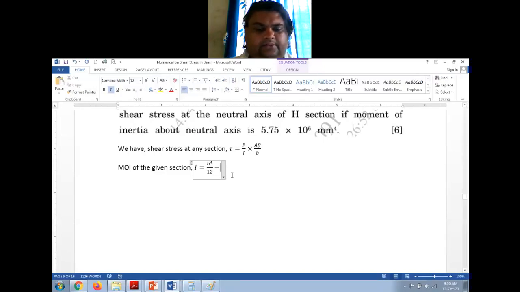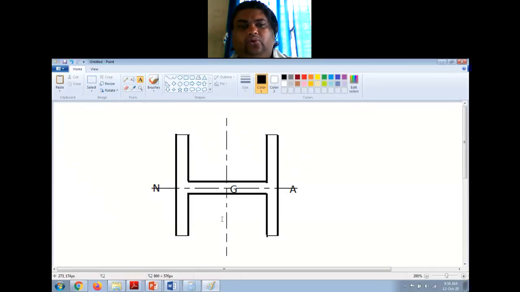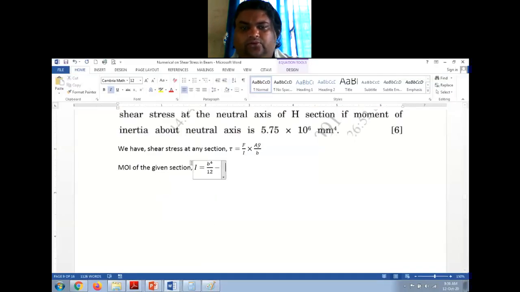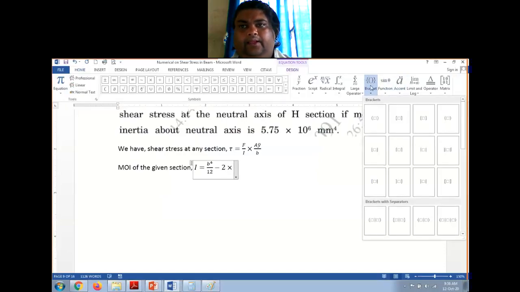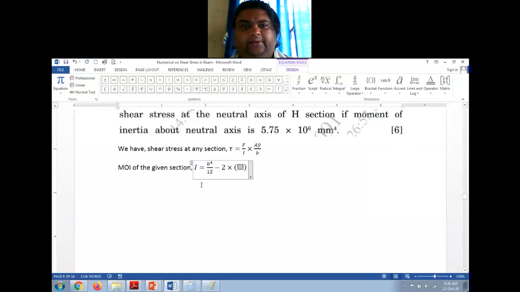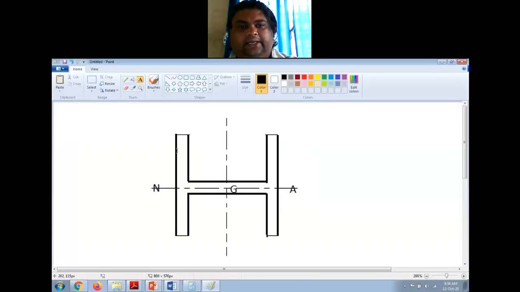minus, what does the parallel axis theorem say? I g plus A h square, right? Now I have two rectangles here, so 2 multiplied by, open a large bracket. Now in this I have b d cube by 12, right? So I'll directly put the values to save time. So this is 120. Now what is the rectangle here?